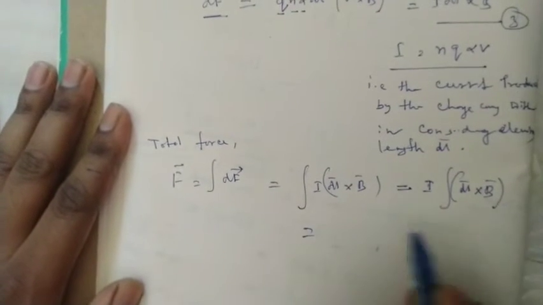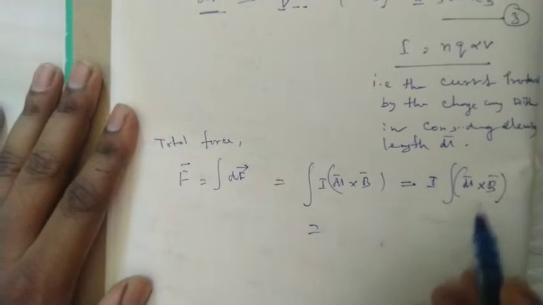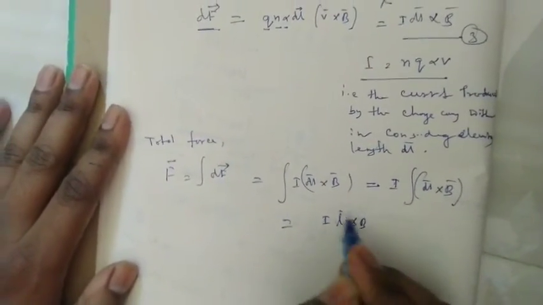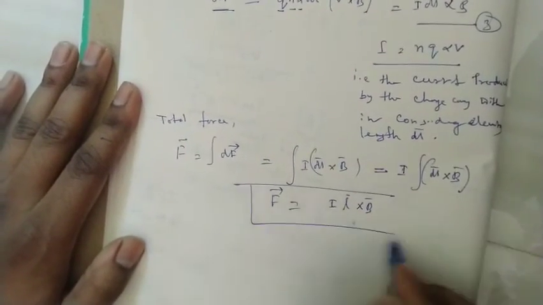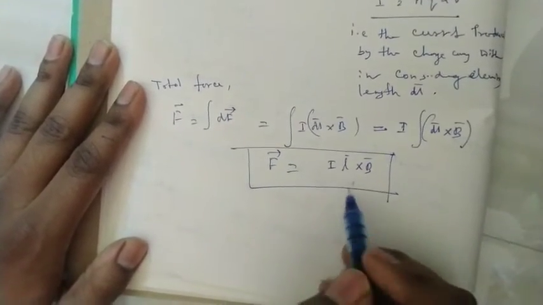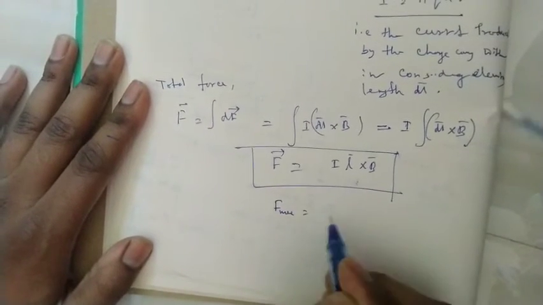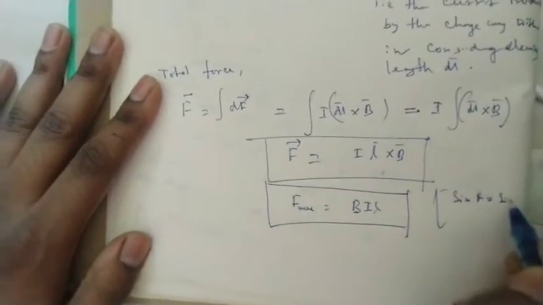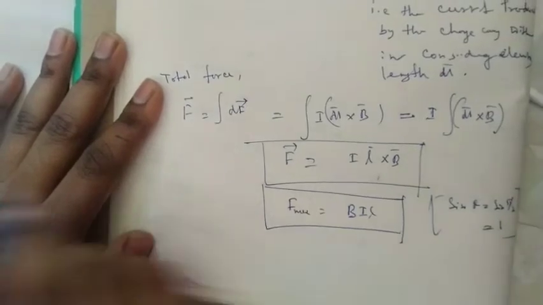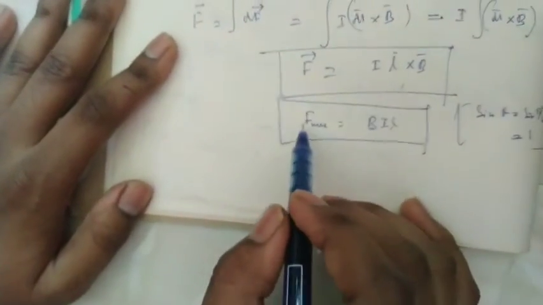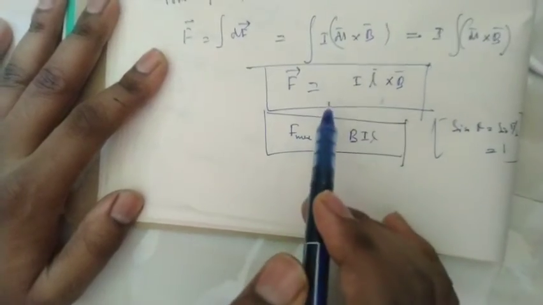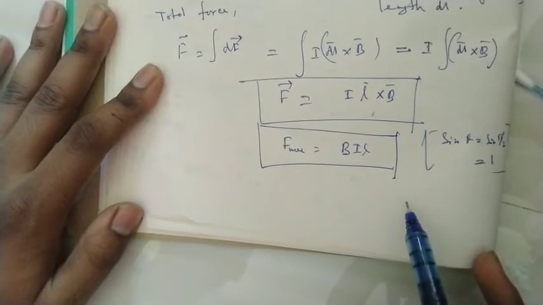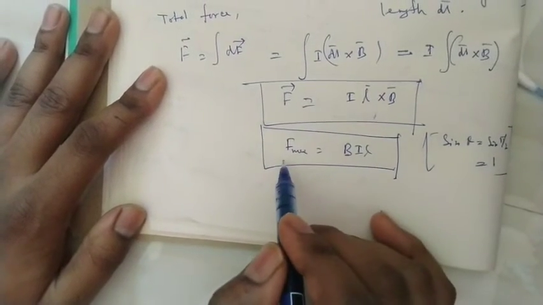B is also constant, and the integral of dl is carried over only the length, so this will be I l cross B. That is, force equals I l cross B. If we consider the maximum force, then F max equals B I L. That is, when you consider maximum force, the angle between dl and B is pi/2, so I dl B sin 90 equals I dl B, or BIL. That's why maximum force is nothing but BIL.